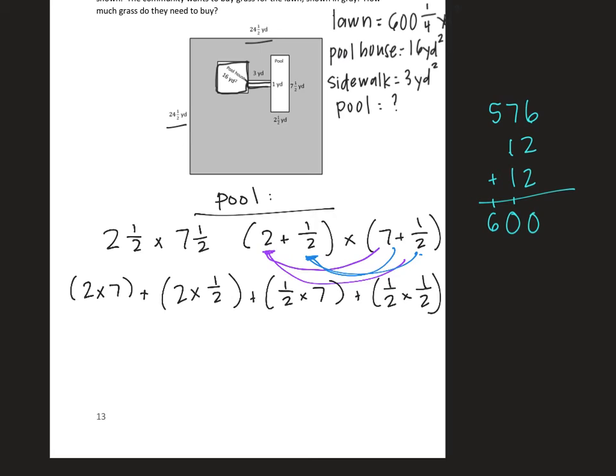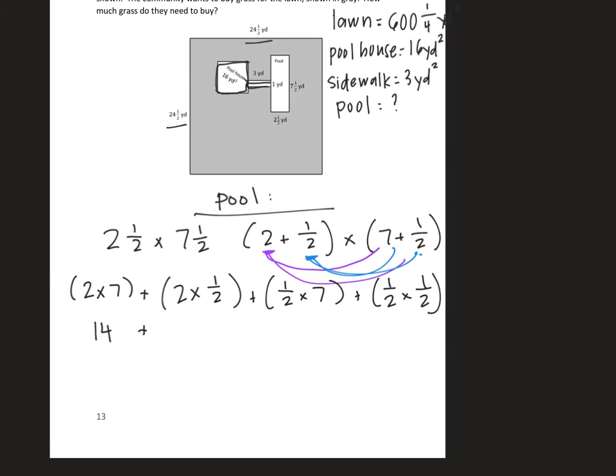All right, so now I'm going to solve each one. So first I have 2 times 7, and we know what that is. So 2 times 7 is 14. Plus, all right, then I have 2 times 1/2. Okay, so if I say, let me erase, oh, it won't let me erase that. That's weird. There we go.